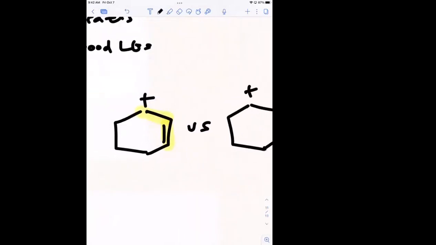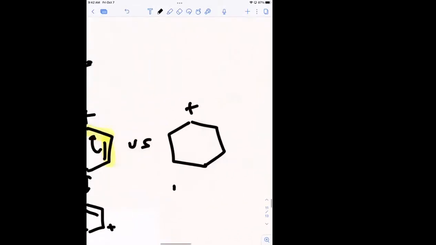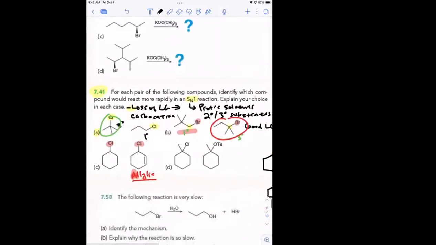Excellent. So I can push this pair of electrons here and put that plus charge there and delocalize it. Over here, I cannot do resonance. Right, so when I'm comparing those two, that's what I'm looking at. Because again, if it's SN1, chlorine is going to leave at some point, and you're left with a carbocation intermediate.